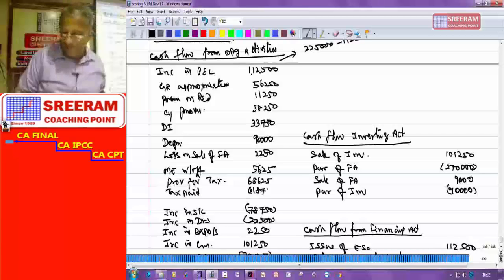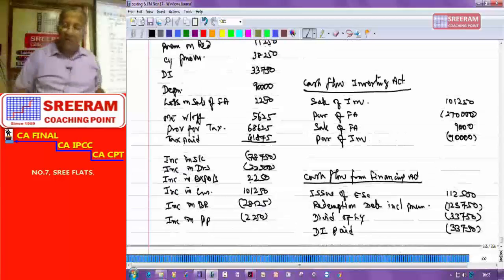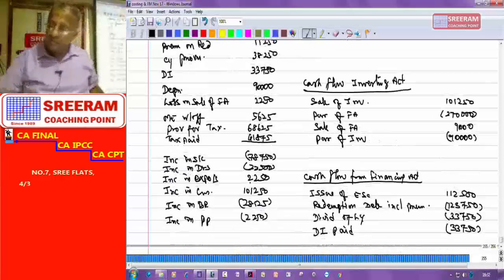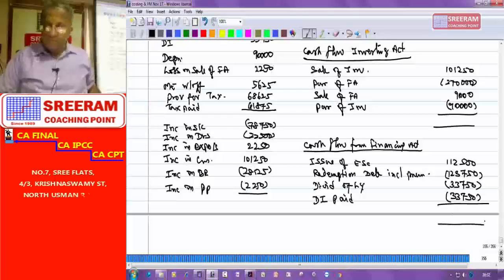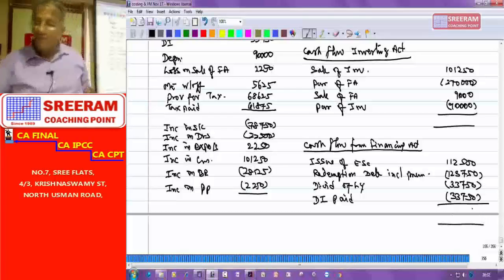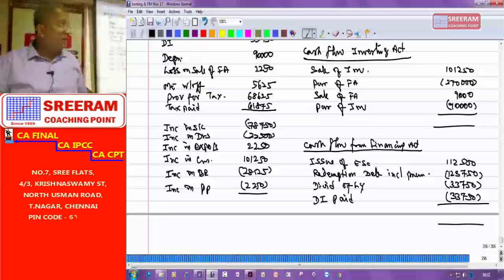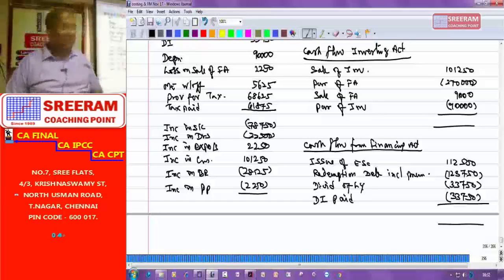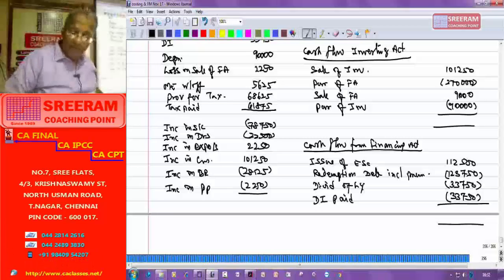Bring out the subtotal here before adjusting towards working capital and put it. We will do this one and a half, this one and a half. So how much is that? All this we can put easily. 101,250, 2,70,000, 9,000 without brackets, 90,000 within brackets. Tax paid brackets over. Correct.